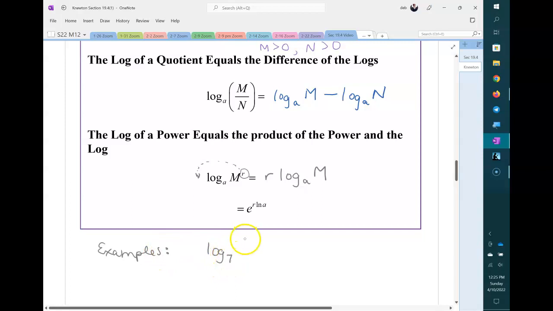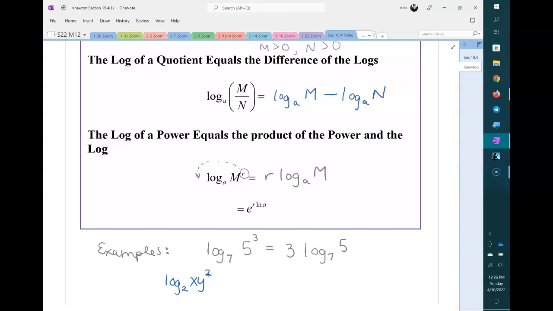of how that actually works in practice. If we have the log base 7 of 5 to the power of 3, this would say that that equals 3 times the log base 7 of 5. The 3 exponent can come down into the front. But if we have the log base 2 of x y squared, that squared is not acting on the x.